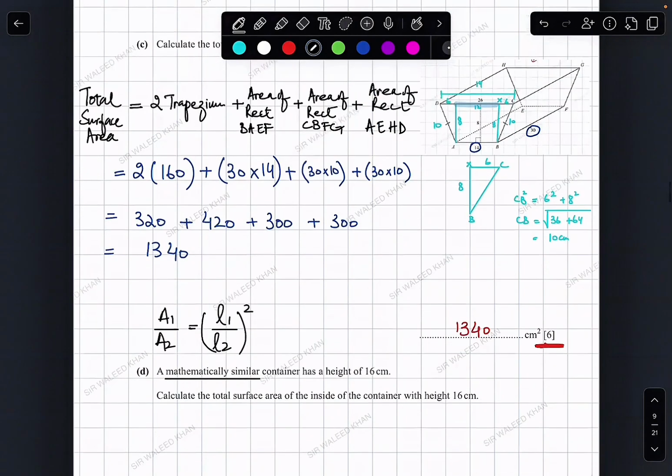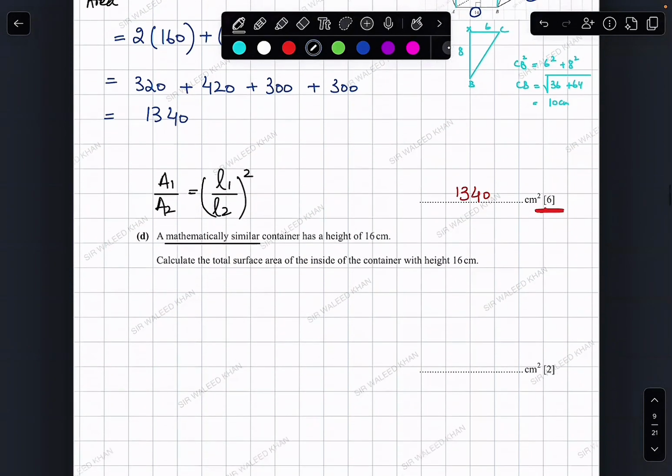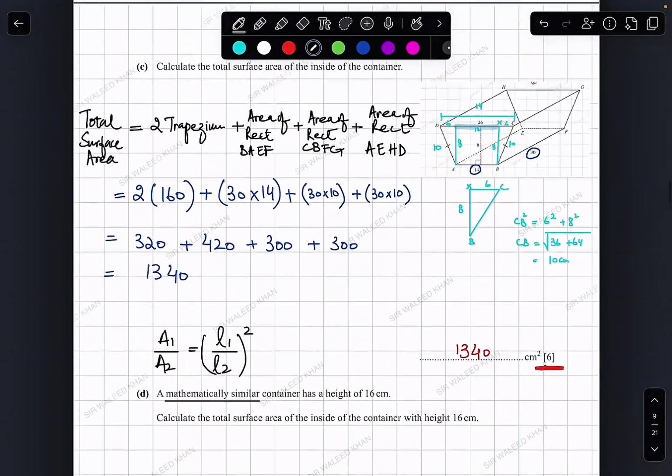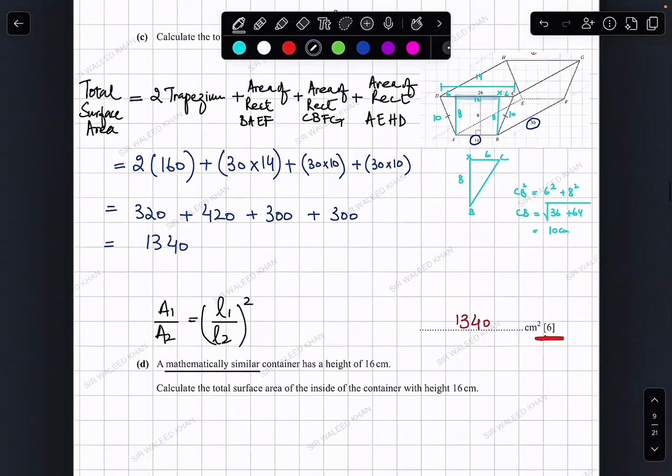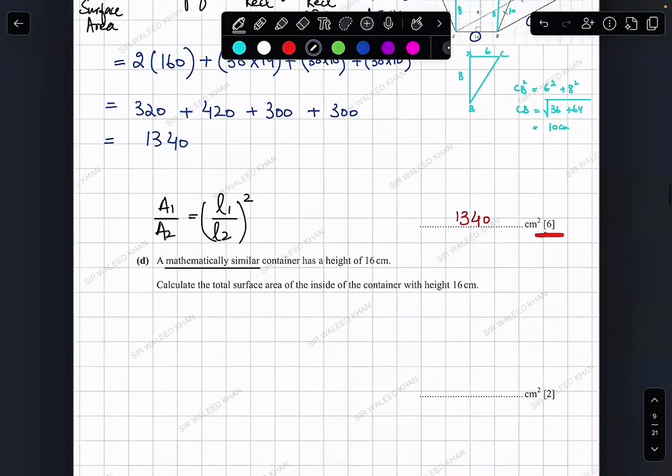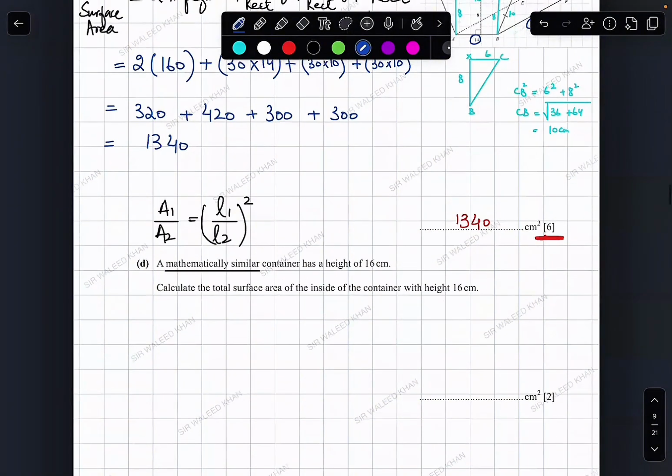So rather than going through all this process, let's say A1 is the one over there. So A1 is 1340. A2, you have to figure it out.